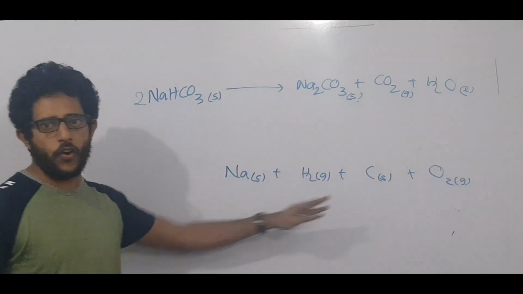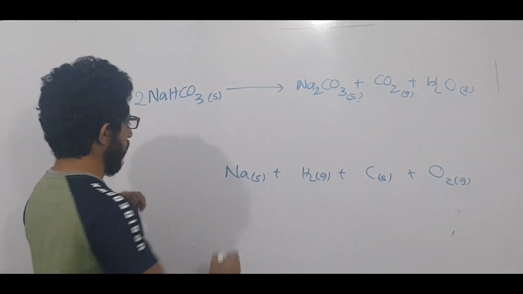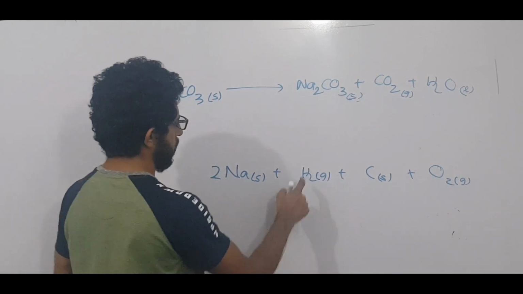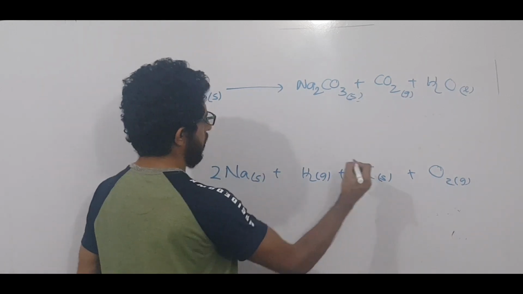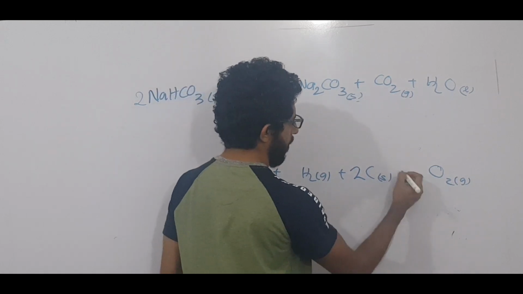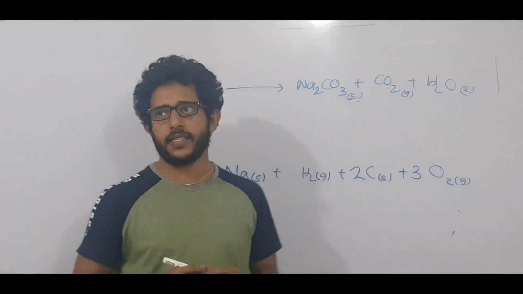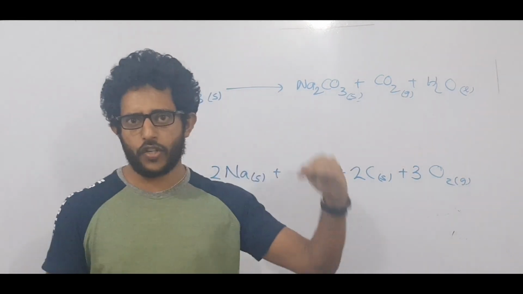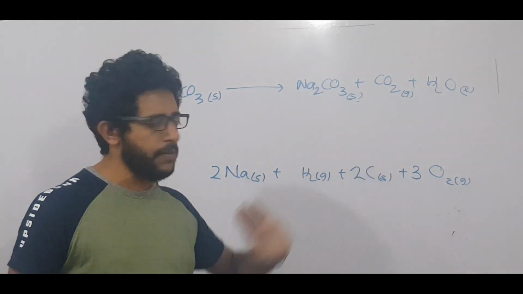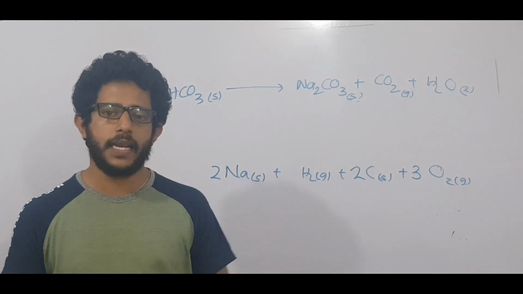Elements you can write in any order, that doesn't matter. So 2 sodium, 2 hydrogen, 2 carbon, and 6 oxygen, so we have to have 3 O2 here. That's the second step: write the balanced elements at the bottom.